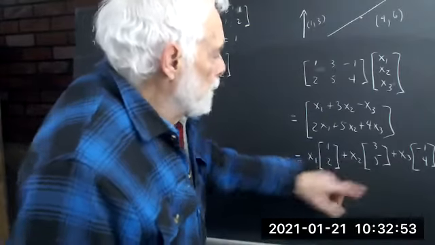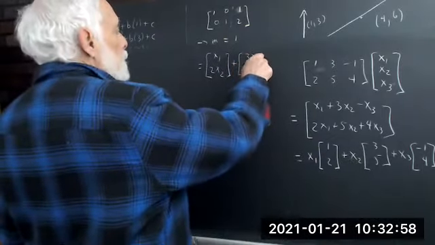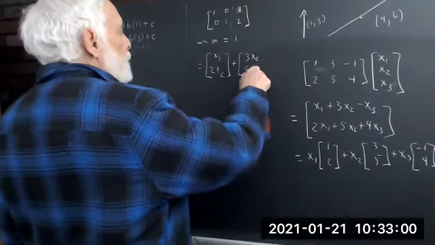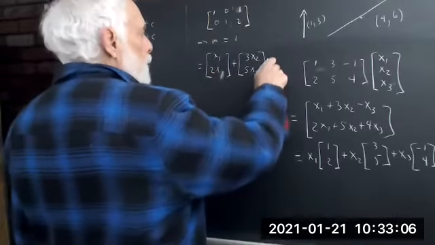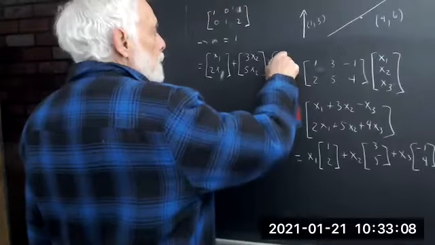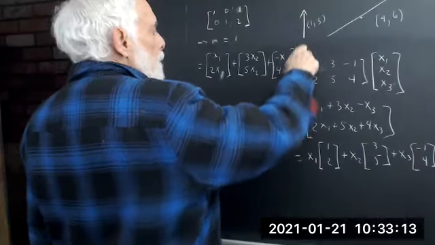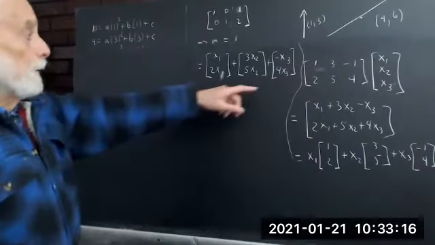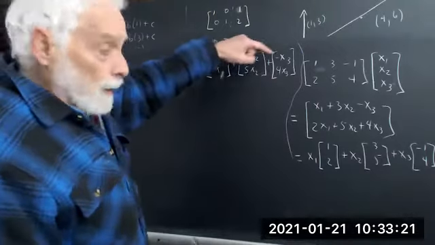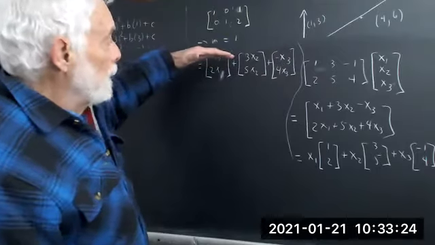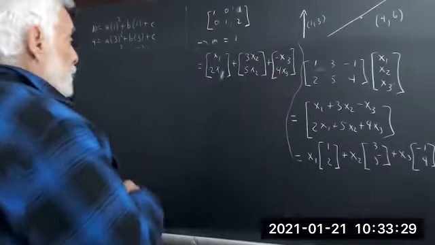Okay, then x2 times 3, 5. And this should have been x1 here. And then that's equal to this. But now when I add these, I add the numbers in the first row to each other, and I add the numbers in the second row to each other.